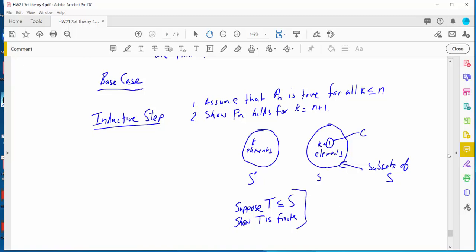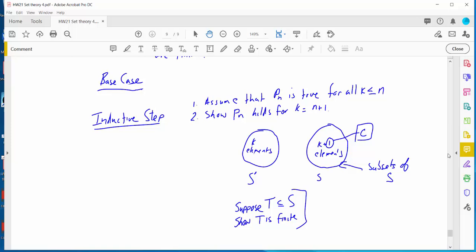So now you just have to ask yourself, what are all the things that T could be? Because it could be any size. You know, for example, that T could be the null set, in which case it's finite. You know that T could be such that it contains C and some other stuff.